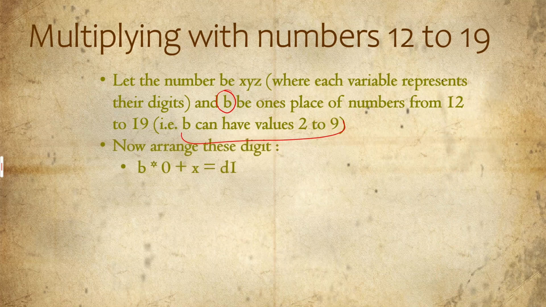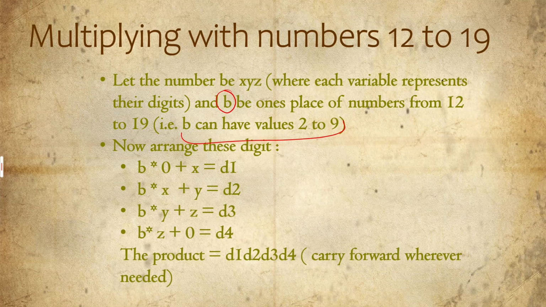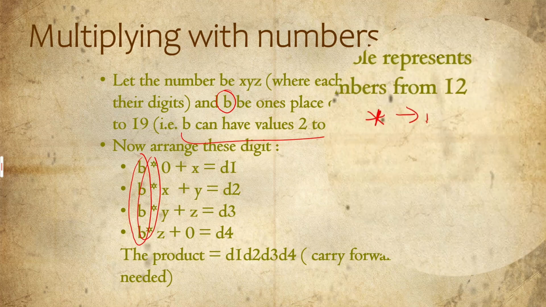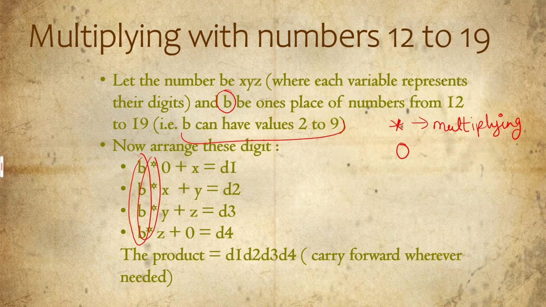The arrangement of the digits, how we're going to place it, is this, and the product is going to be this. Let me explain it once. First, we write down the ones place of the number 12 to 19. That is b, one below the other. This little star sign that you see is basically multiplying. Then we're going to write 0, first digit, second digit, third digit. This is for 3-digit numbers, right?